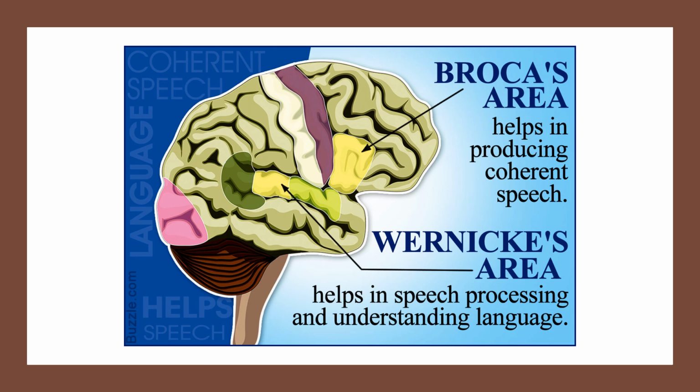Expressive aphasia is with Broca's area. That is where they can't actually put the words together, but they can understand what you're saying. And then if Wernicke's area is affected, the patient will have receptive aphasia. That's where they can speak, even if the words seem like they don't make a lot of sense. They can speak, but they can't understand what you're saying. So they can't comprehend, they can't process it.